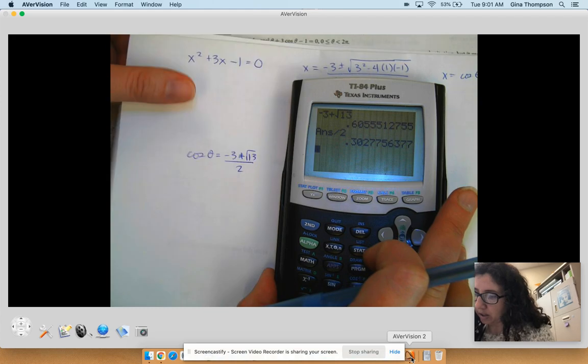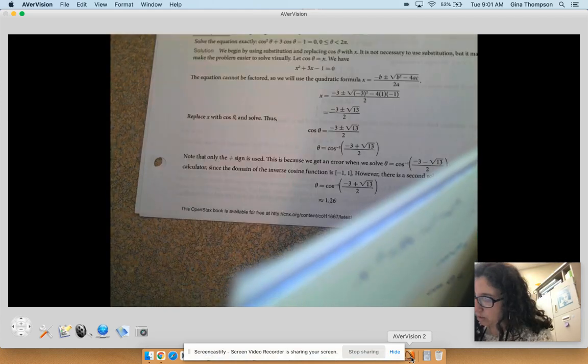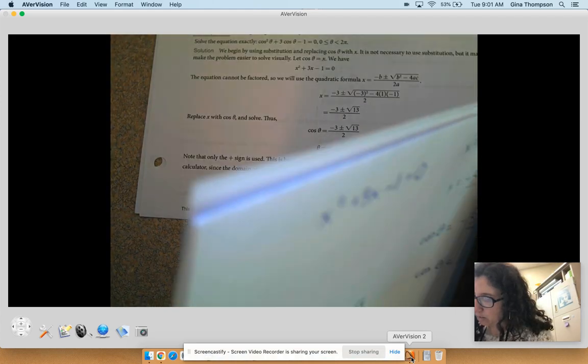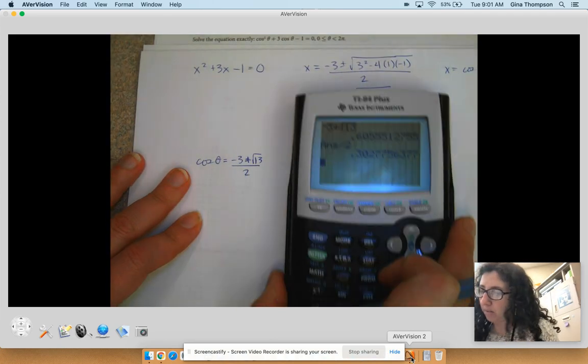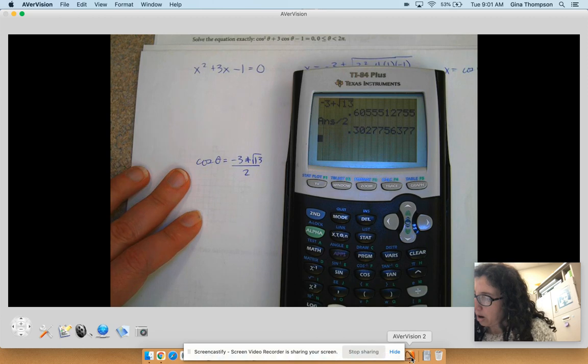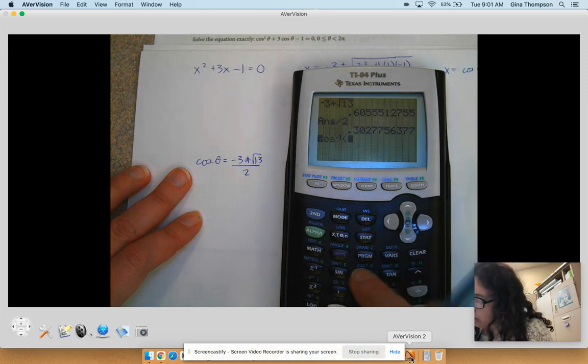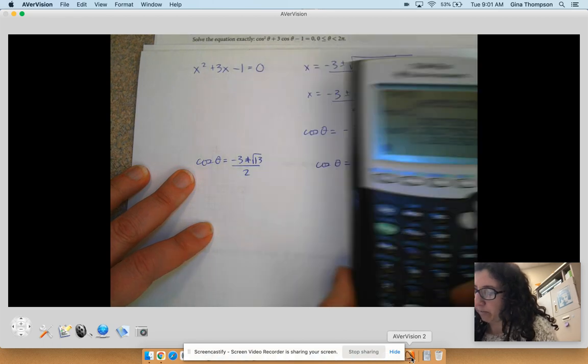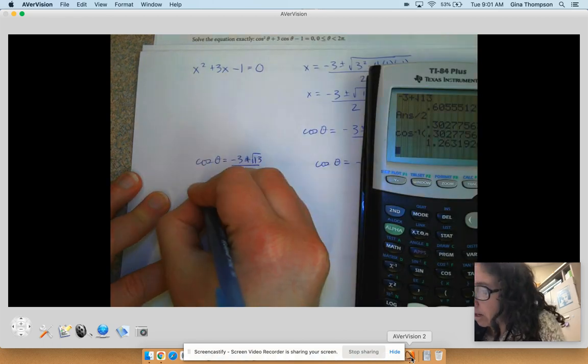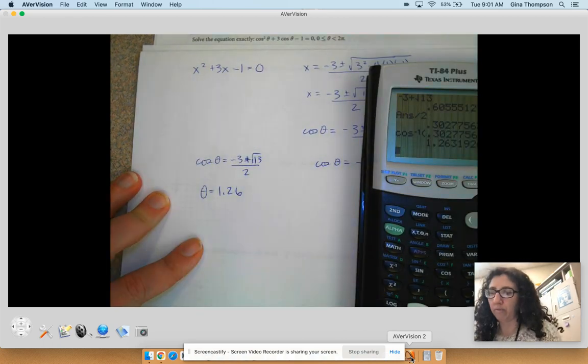Let's just do it in radians, so this is still in radian mode. All right, my inverse cosine of that is that value there. So my first theta is 1.26 something or other.